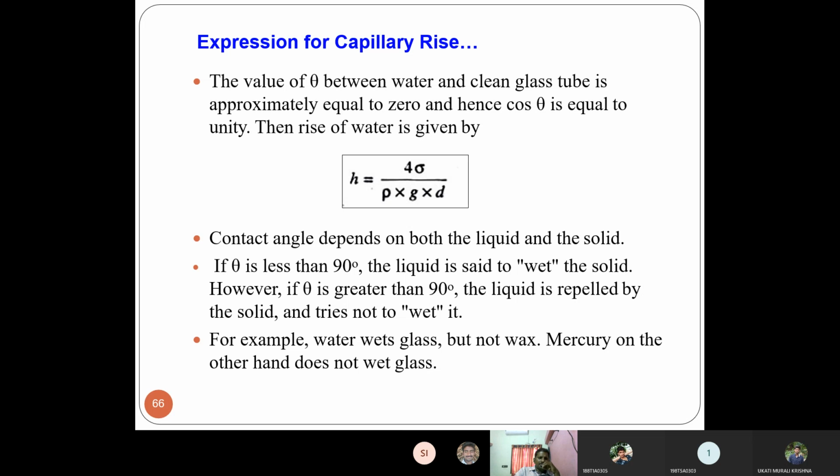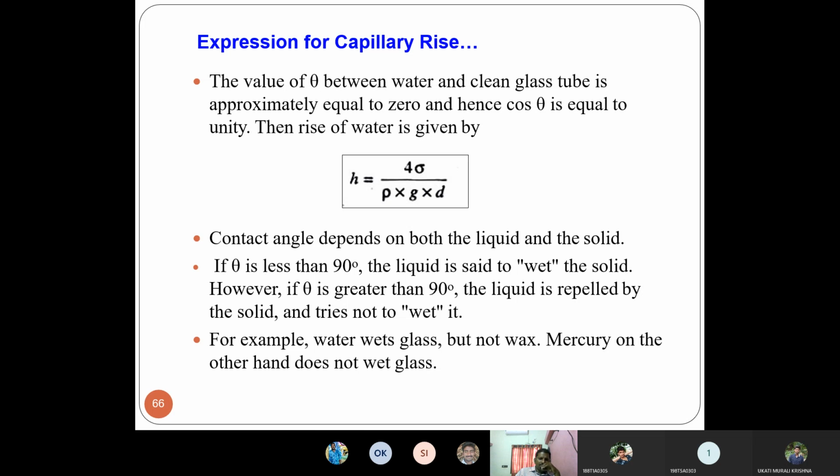And also this contact angle depends on both the liquid and the solid. And if theta is less than 90 degrees, the liquid is said to wet the solid. However, if theta is greater than 90 degrees, the liquid is repelled by the solid and tries not to wet it.